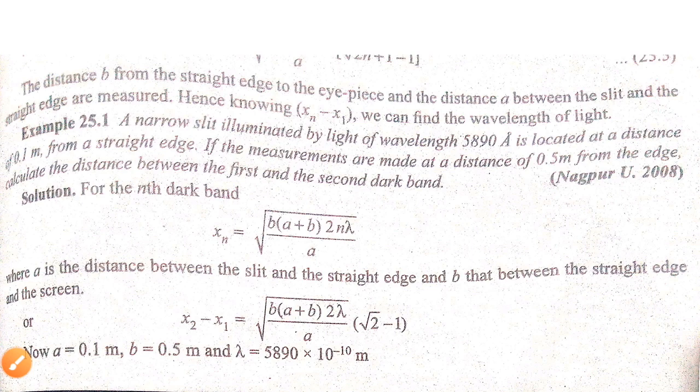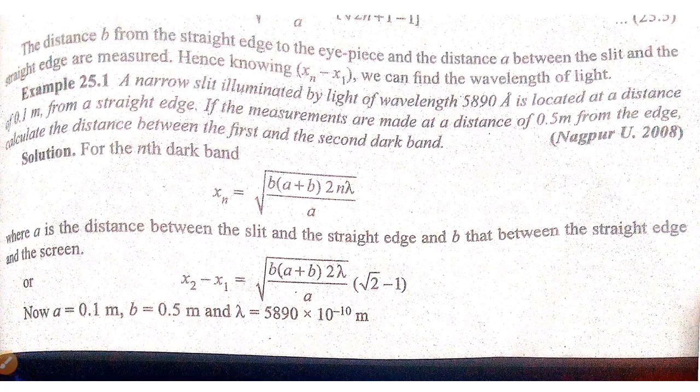Hello, here is the first problem. A narrow slit illuminated by light of wavelength 5890 angstrom is located at a distance of 0.1 m, that is a, from a straight edge. If the measurements are made at a distance of 0.5 m from the edge, calculate the distance between the first and second dark band.